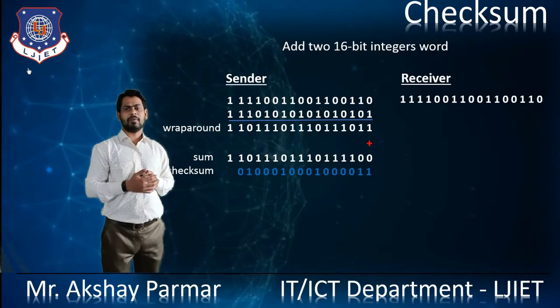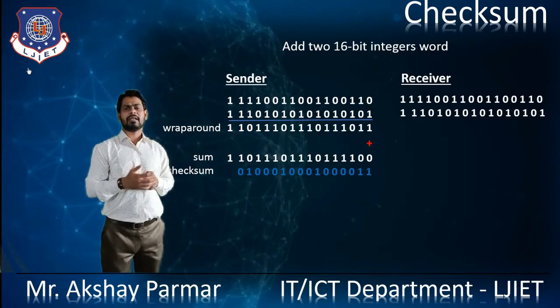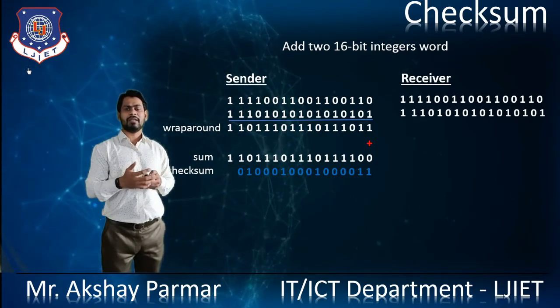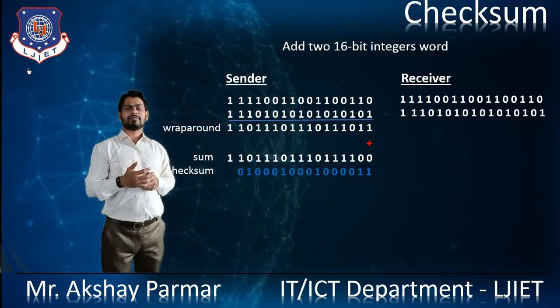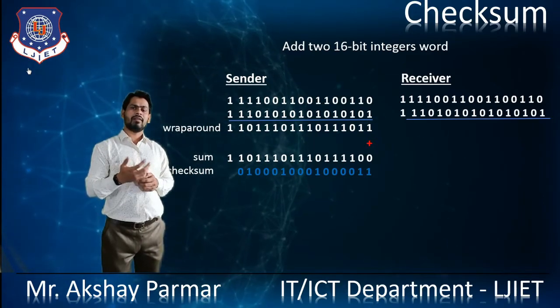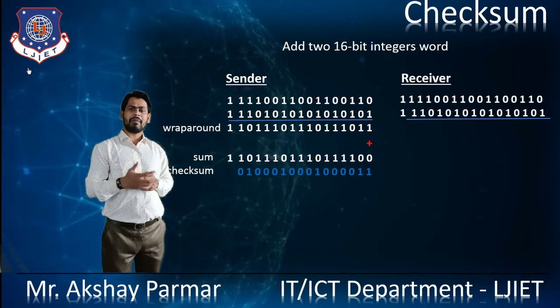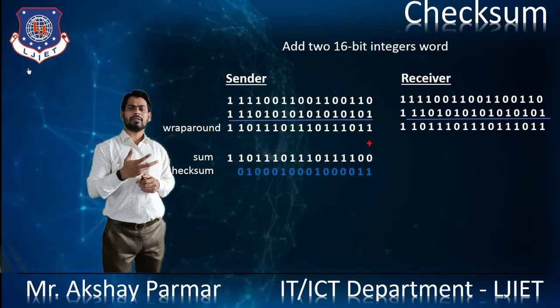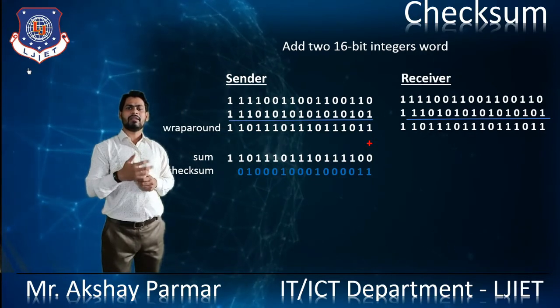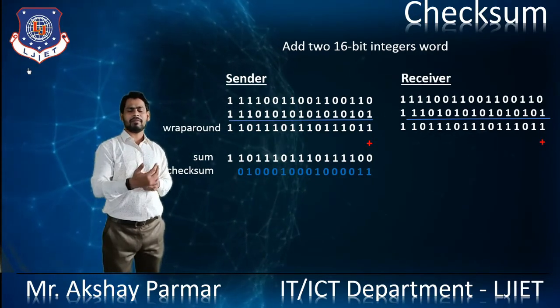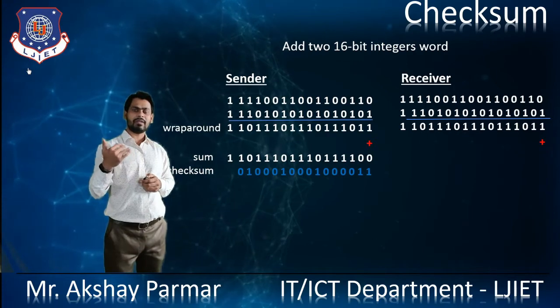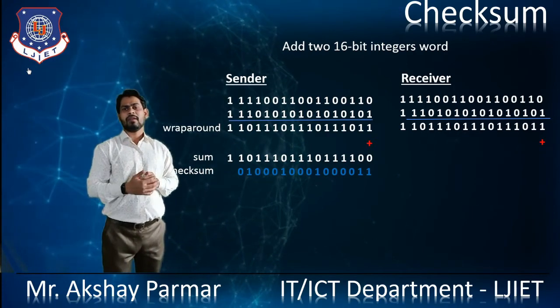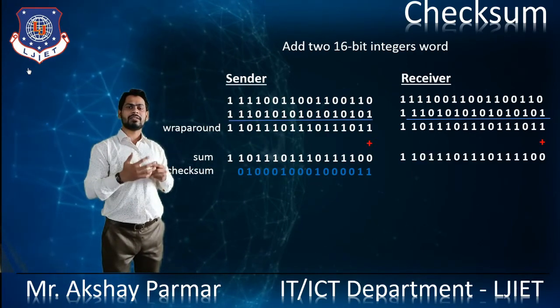At the receiver end, what tasks are performed? They simply add the integer numbers they have received. After adding, they get the wrap-around, the same kind of thing, right? After getting that, they take the one's complement of the checksum and get this sum.